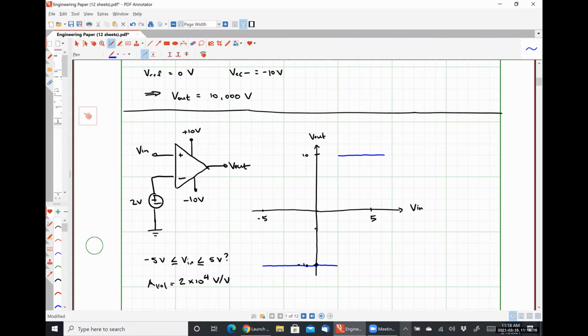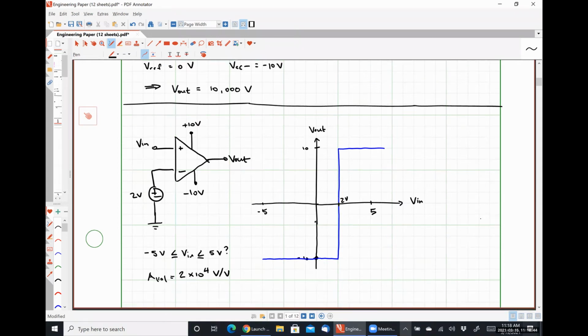But because that linear range is so small, it's going to appear that our output signal abruptly shifts from VCC minus up to VCC plus at a voltage value of 2 volts.